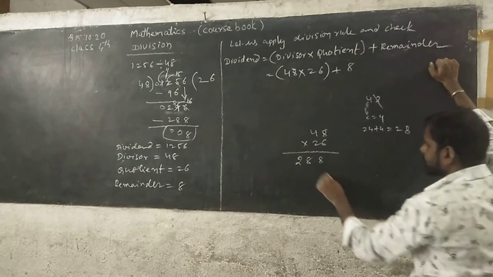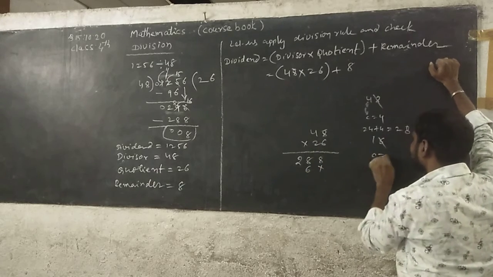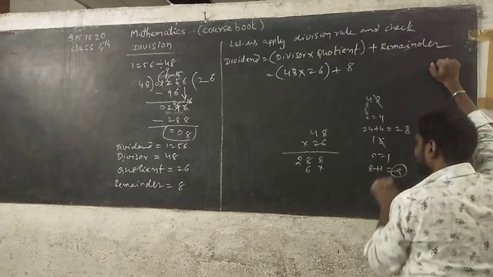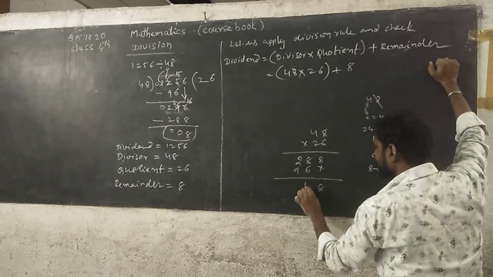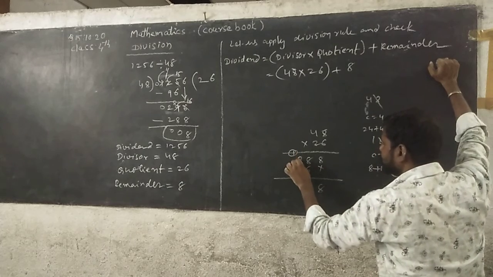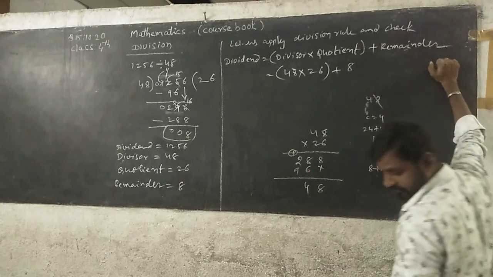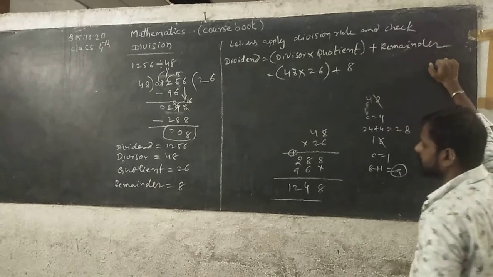Next, one space cut it. 2 8s are 16, you need 6 taking, carrying 1. 2 4s are 8 plus 1, you can get 9. See here 8. 8 plus 6 is 14, 4 taking, 1 carrying, 1 plus 2 is 3. 3 plus 9 is 12. So what we get?